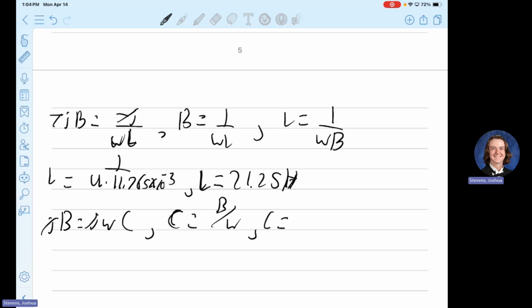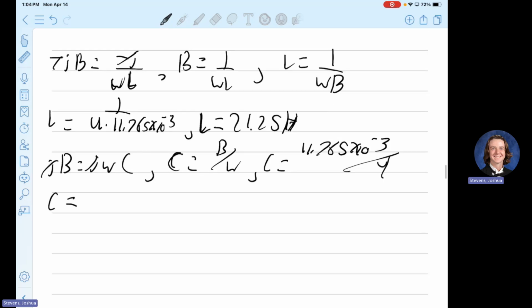So capacitance equals 11.765 times 10 to the negative third over 4. C in this case becomes 2.941 millifarads. Actually a really large value for capacitance, but yeah.